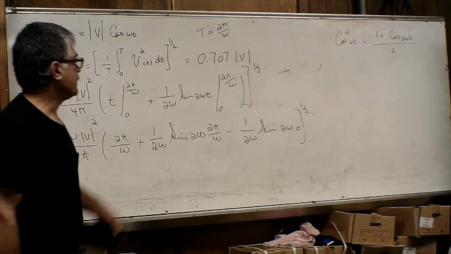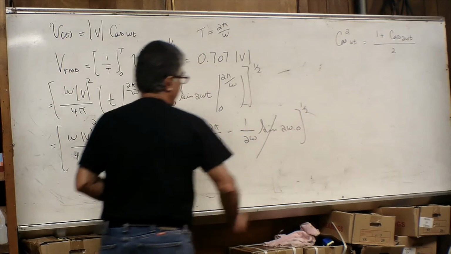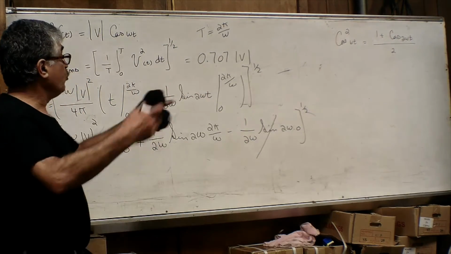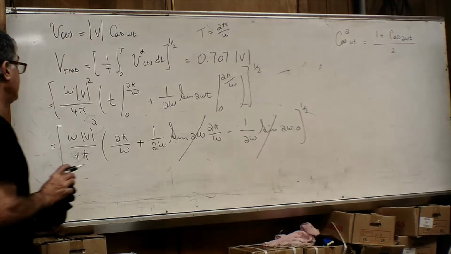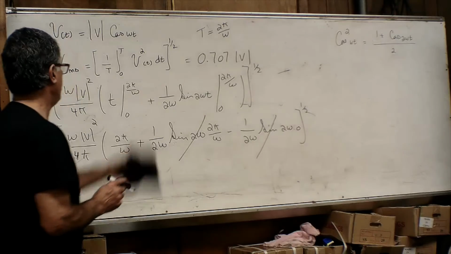The sine of 0 we know is 0, and the sine of 4 pi is 0, so this term is 0.